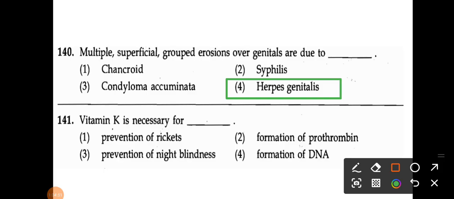That is the deficiency of your vitamin D. Okay, so for prevention of rickets, vitamin D is there. Prevention of night blindness, that is your vitamin A, because all the deficiency or the problems related to your eye are of vitamin A. Formation of prothrombin, that is the function of your vitamin K, because K for coagulation, right?